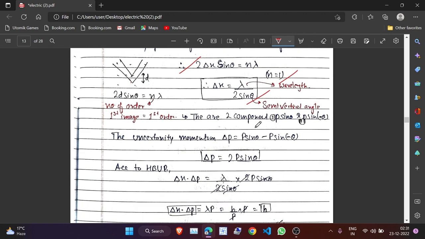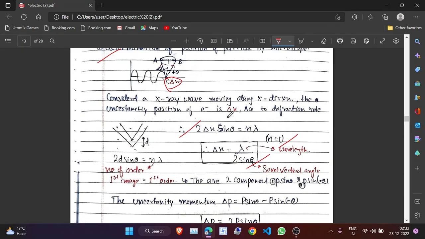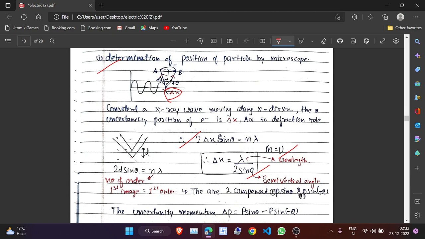the wavelength. And if we talk about the component of momentum in this X-ray, the first component is p sin theta, positive theta, and the other is p sin minus theta, negative theta.